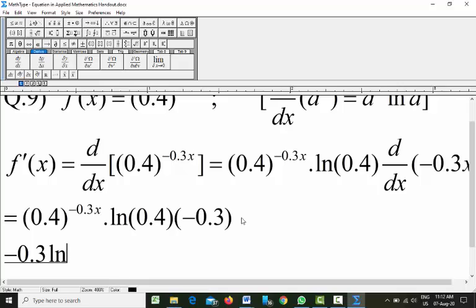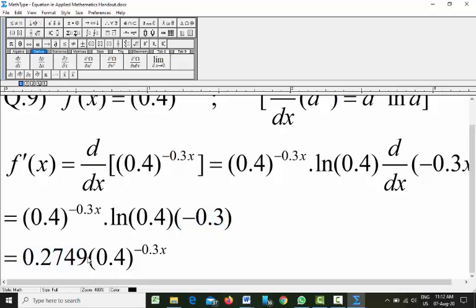Press that button, and then press 0.4, and then press equal. If you press the way I have typed, you will get 0.2749.